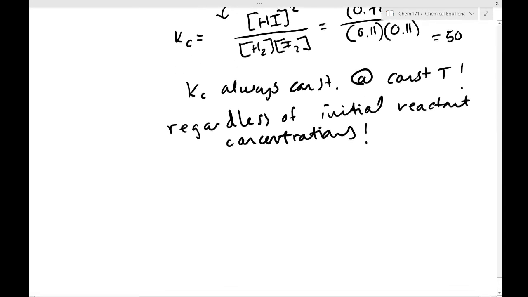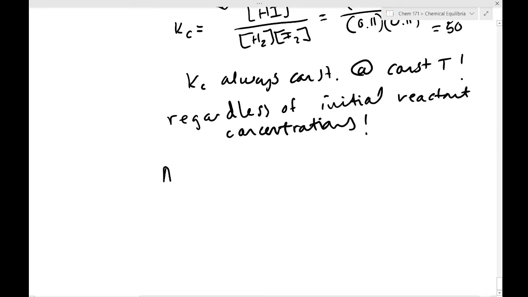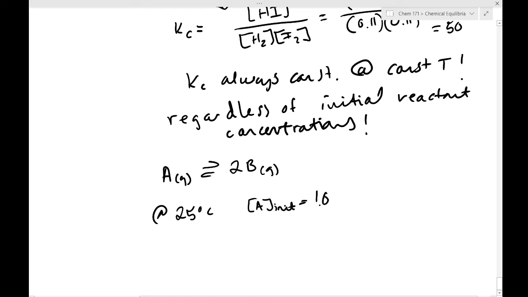Okay, so if we have some generalized reaction, A gas decomposing into 2B gas, at 25 degrees C, we have A init, that's the initial concentration, equal to 1.00 molar.